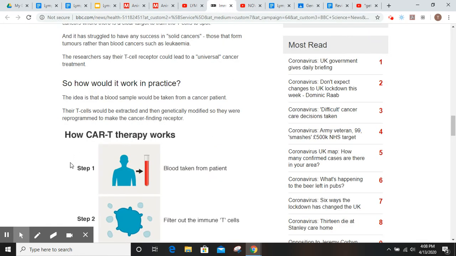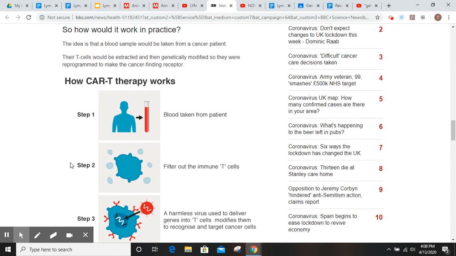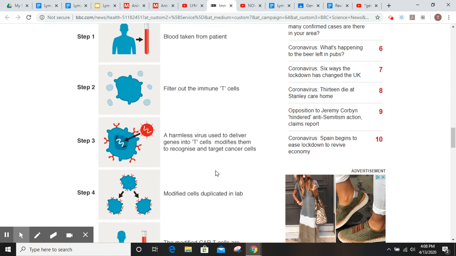They have some of this stuff that works for leukemia, and I actually have a cousin who's doing some of this research out east. They take some blood out and then take out the T cells and genetically modify the individual T cells based off of that person's cancer type.